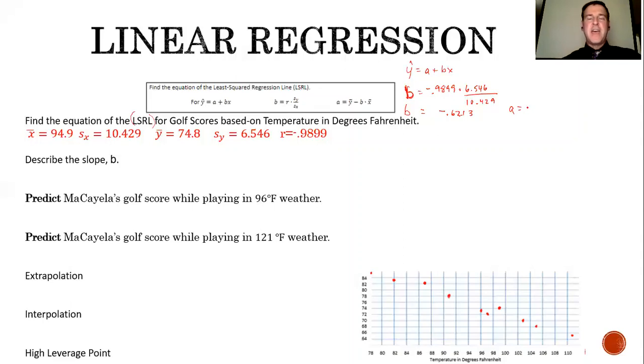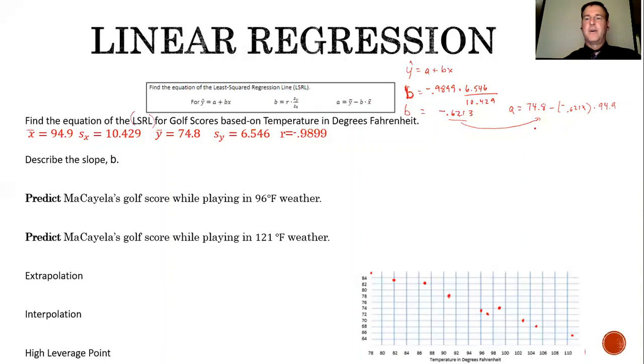All right, now your a is this formula here, y bar minus b times x bar. So y bar is 74.8 minus your b, which we said was from the previous piece. I'll put this in parentheses, negative 0.6213, and then times your x bar, which we said was 94.9.